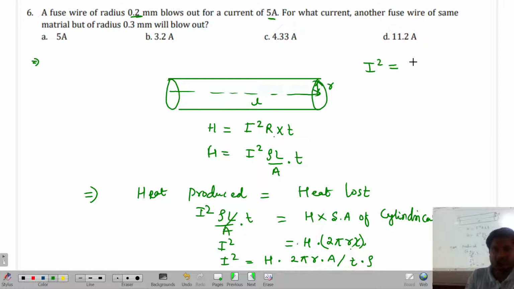I square is equal to h into 2 pi r into area A divided by t into rho. Now try to write this formula.